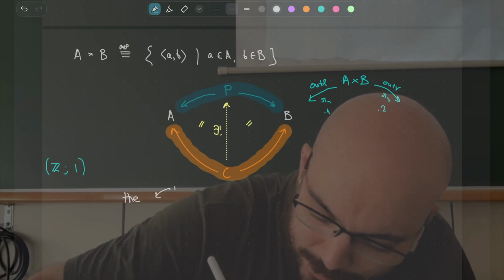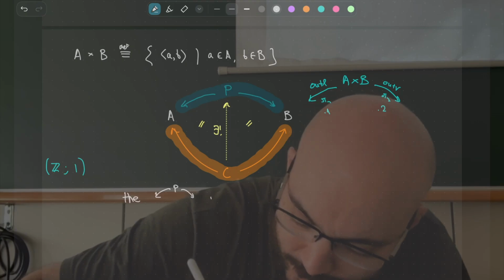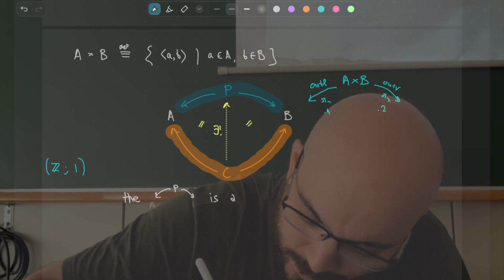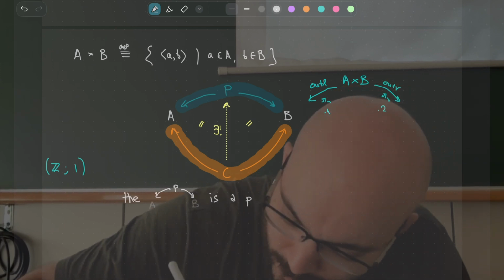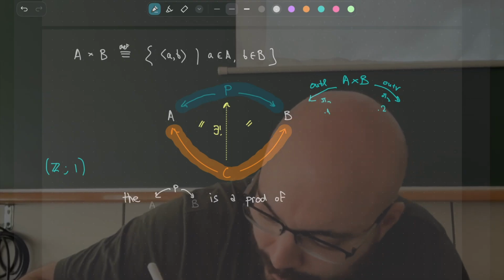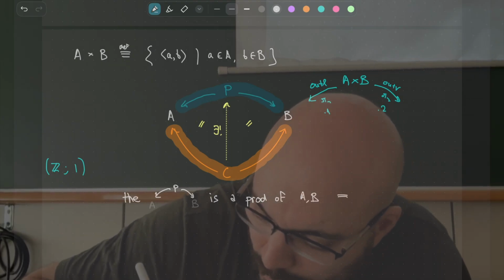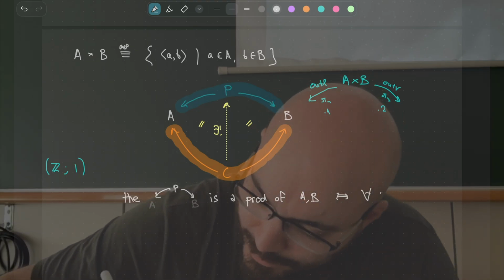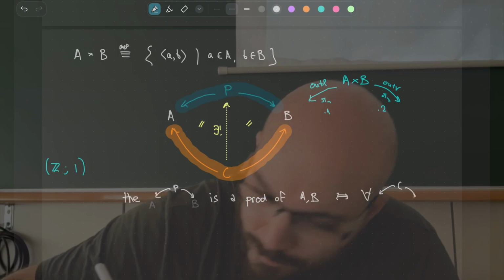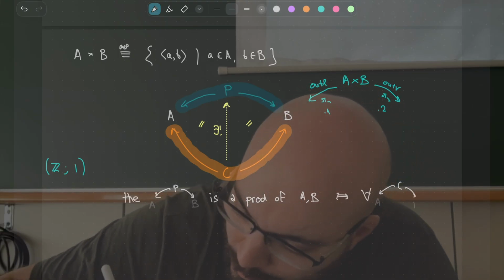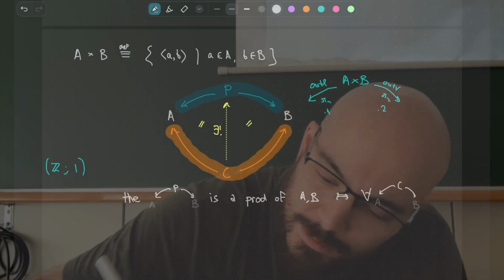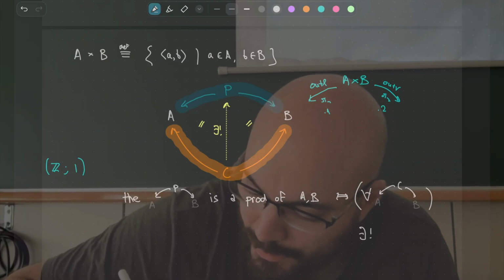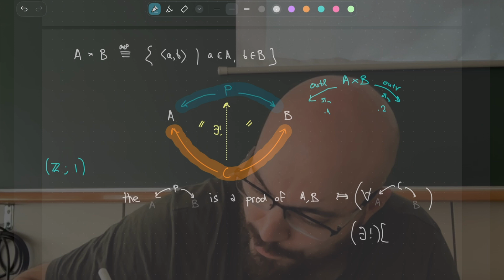Maybe I should say the diagram, this whole thing is a product, and here I have implicit A and B. That it is a product of A and B means that for any such thing there exists a unique map.